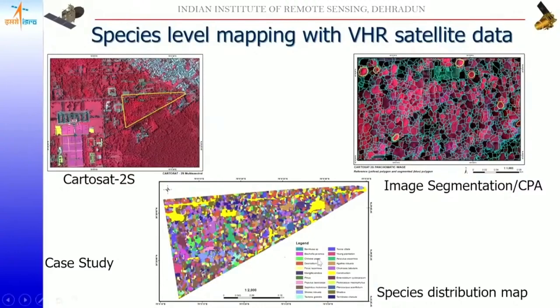Here you can see that more than 15 different species of trees were identified, as well as their number of individuals or canopies classified in the area. So based on this high resolution data, we can do canopy level assessment, and also assess the population structure of a particular area.